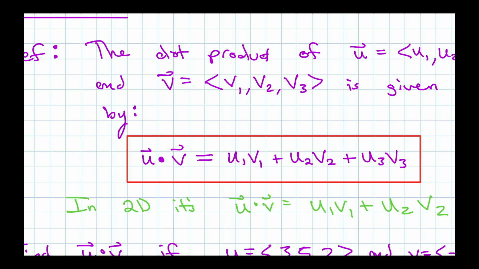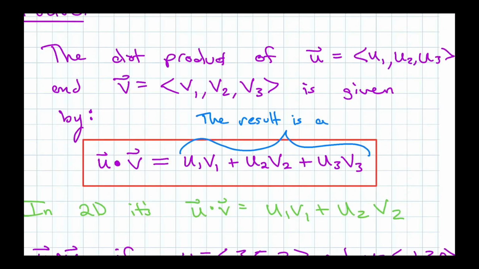So the result of a dot product is a single scalar number. The result is a real number. Actually, I think the way they say it is scalar, but a real number. So the result is a scalar.